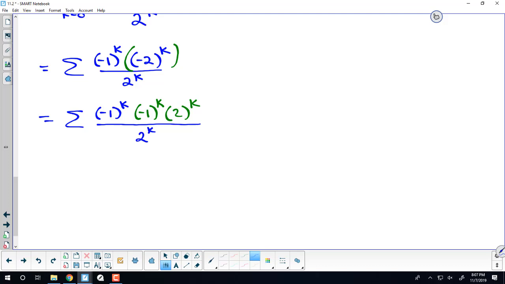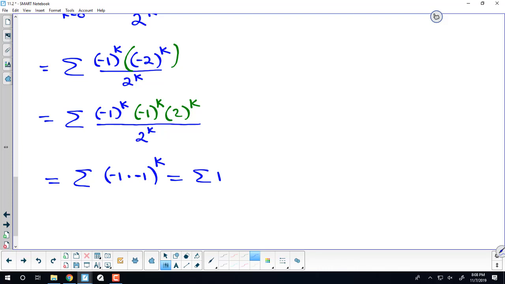So what does that turn into? 2^k over 2^k, they divide out. What's (-1)^k times (-1)^k? Just 1, right? It's always 1. Well, let's see it one more step. Since they're both to the k, we'll just combine them: (-1 times -1)^k. That's the sum of 1.